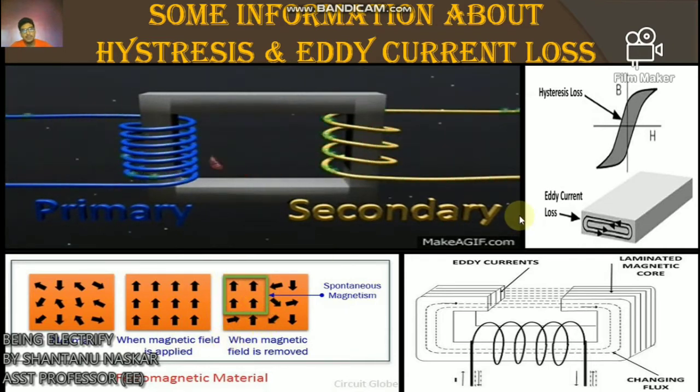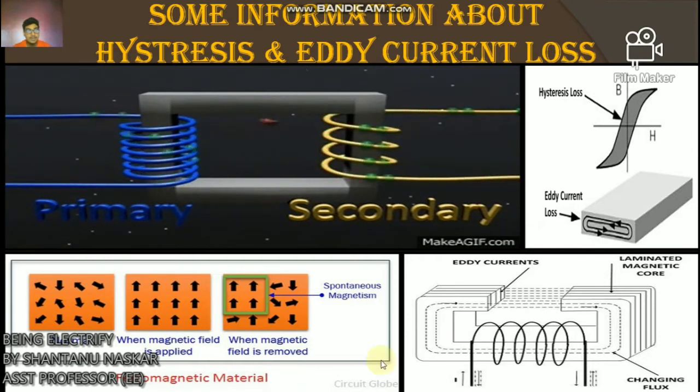When the force is removed, the atomic magnetic moments again arrange themselves randomly, but a few of them are still parallel to each other. Because of these atomic magnetic moments, the substance becomes slightly magnetized. This type of magnetism is known as spontaneous magnetism.